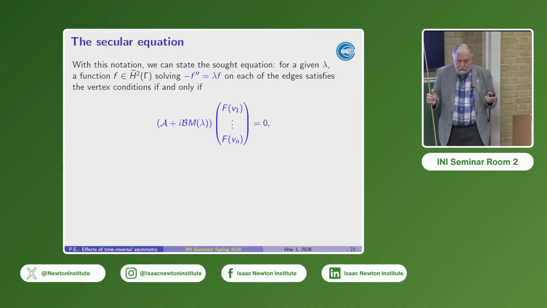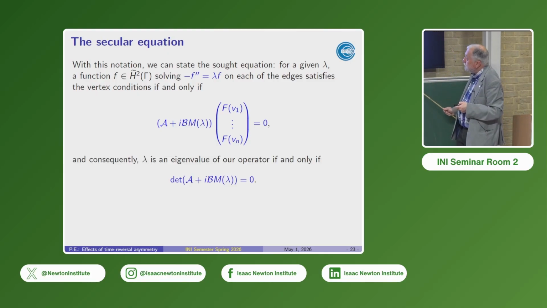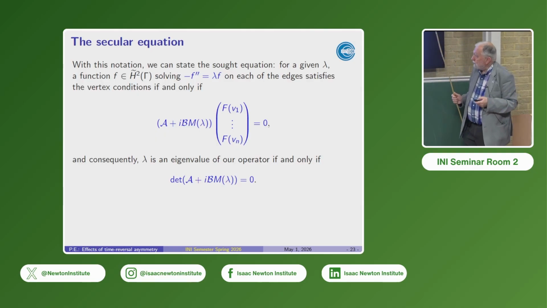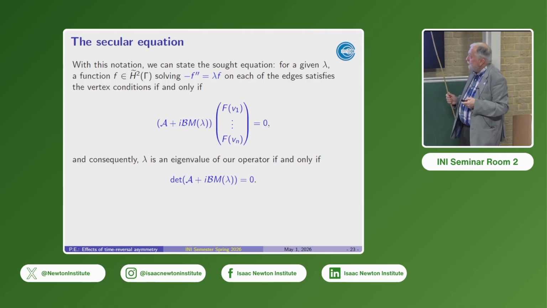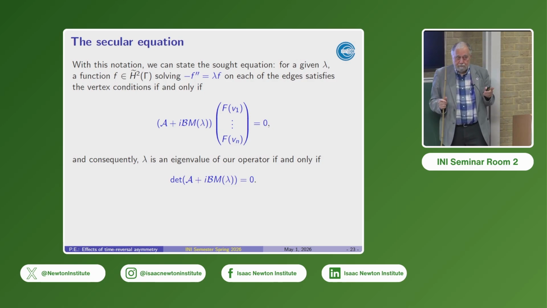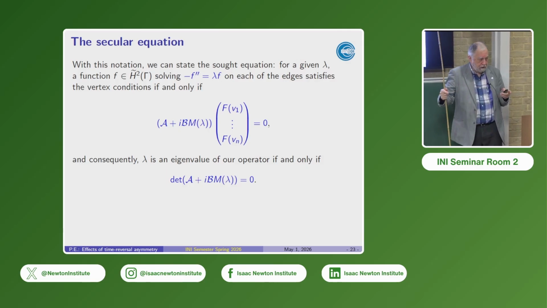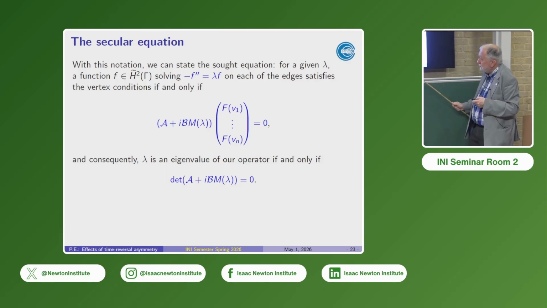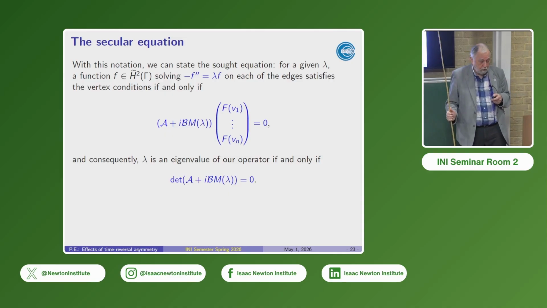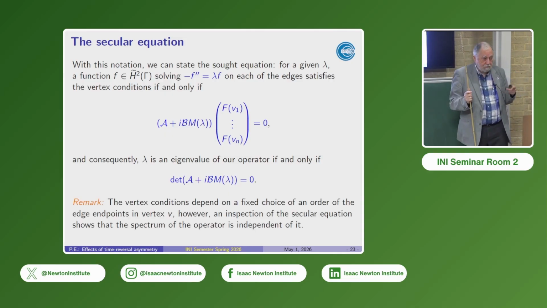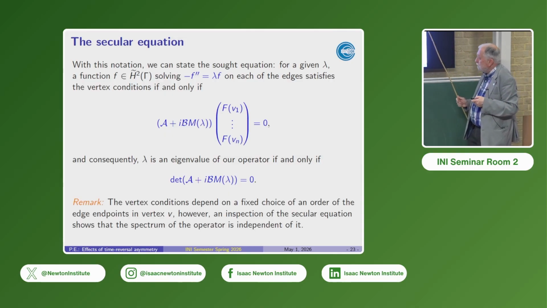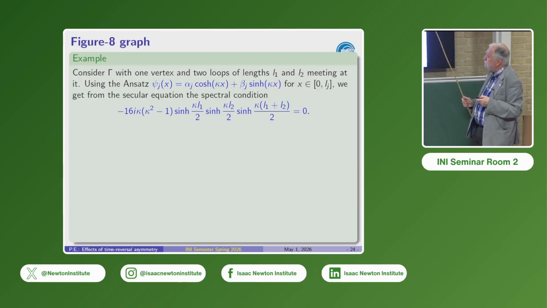So it's a system of linear equations, and its solution is: you look at the determinant of this matrix and ask whether it's 0. Actually, you may notice that in my conditions, the order of the edges around the vertex was important, but in the condition it does not show. If you renumber them, the condition will be the same.